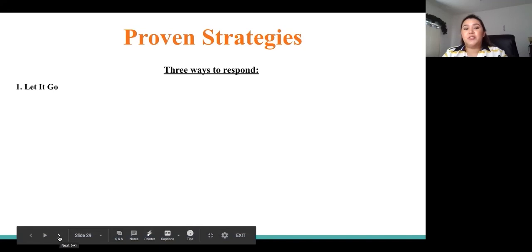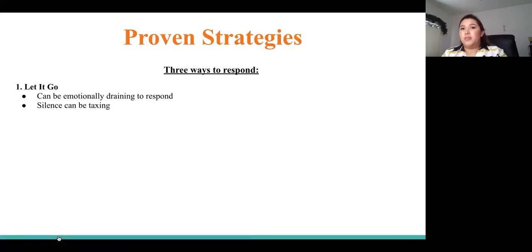The first is to let it go. It sometimes can be emotionally draining to respond to some of these situations, both for someone on the outside looking in and someone who is actually experiencing these things. And the other side of that is that silence can be very taxing.